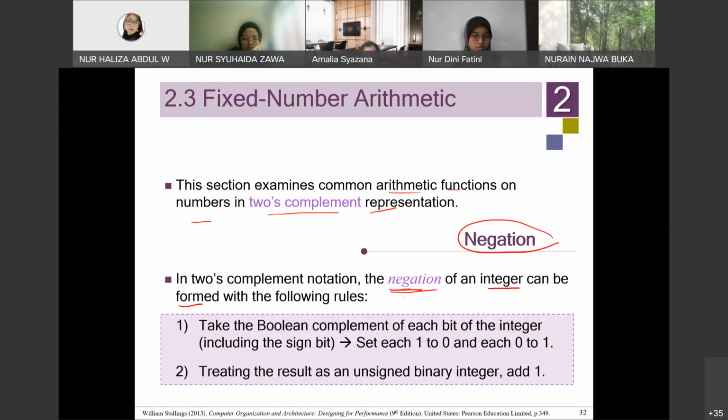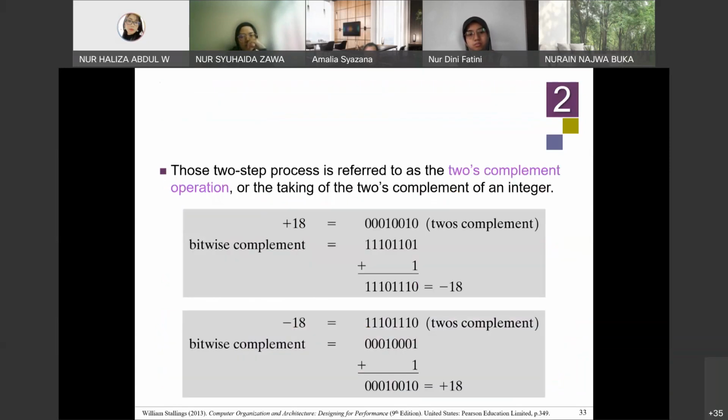You need this to negate your two's complement number. First, take the Boolean complement of each bit of the integer, including the sign bit. Each 0 changes to 1 and each 1 changes to 0. Second, treating the result as an unsigned binary integer, add 1. This is the second complement.